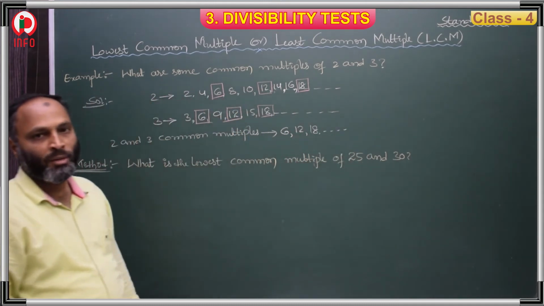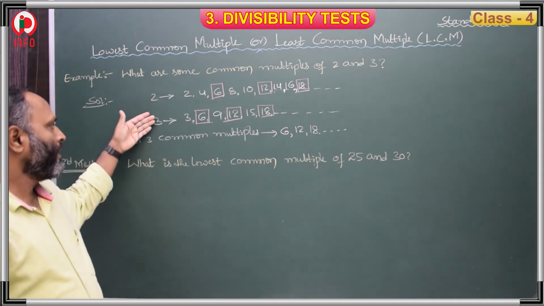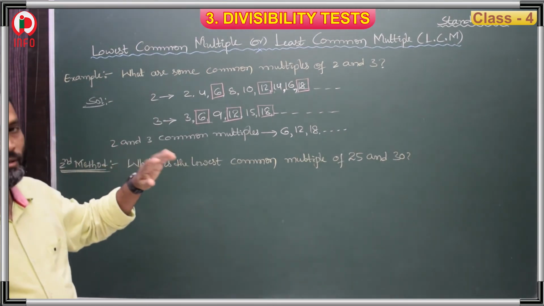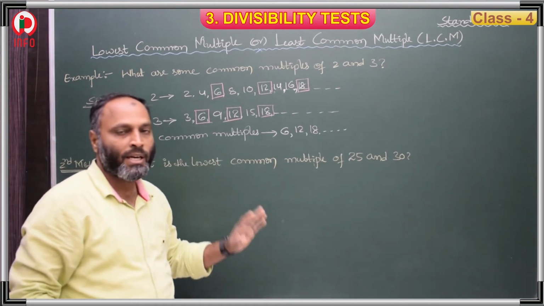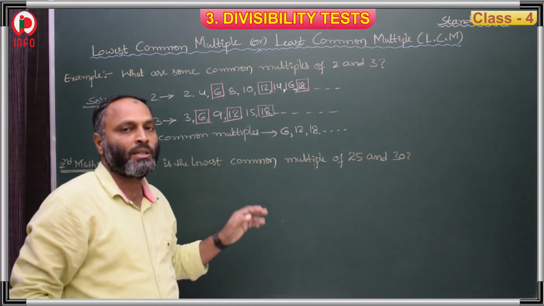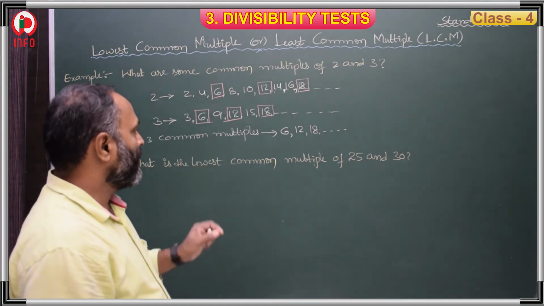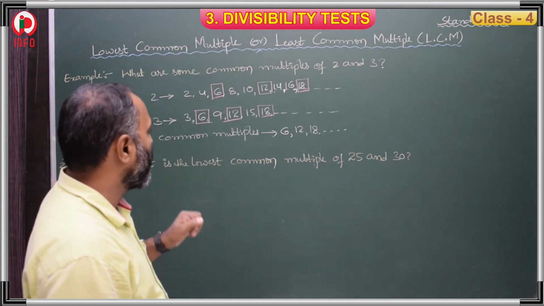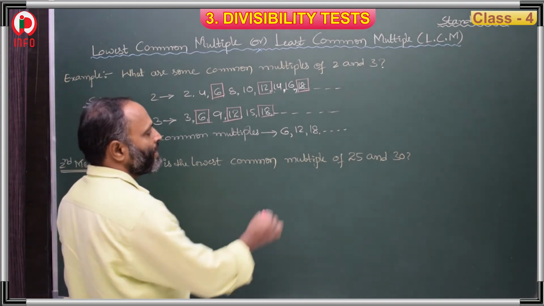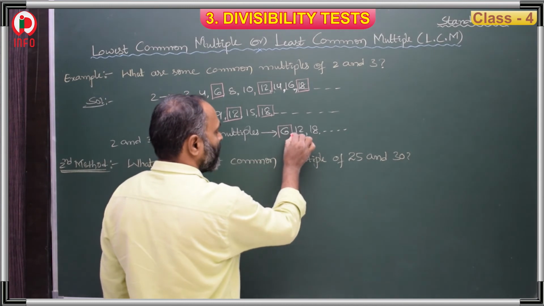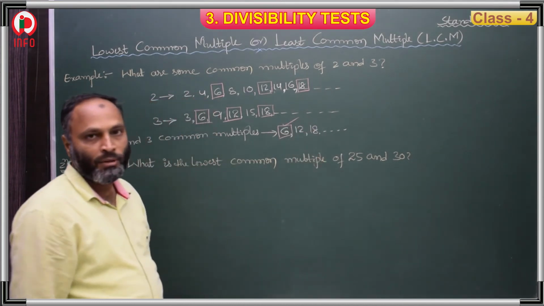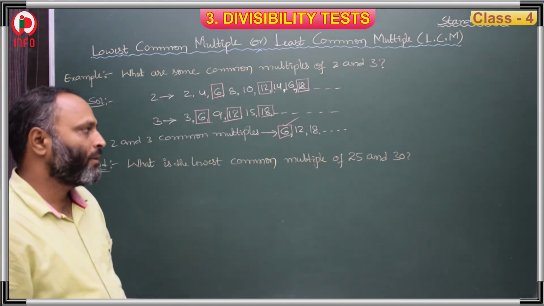These are the common multiples in the 2 and 3 tables. Among these common multiples, the least common multiple is 6.